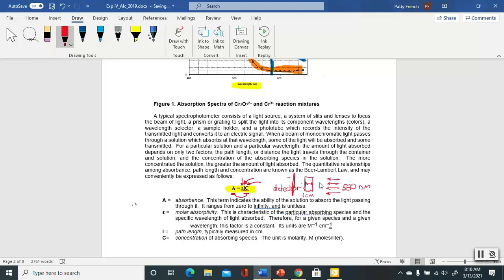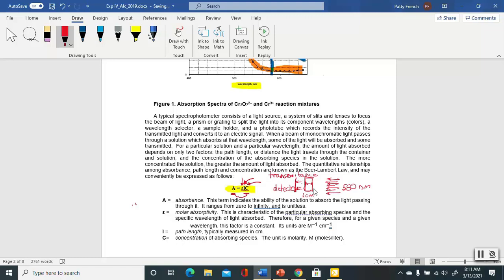Now, some of this will actually be absorbed by the solution. So maybe one gets through, or maybe two out of a whole bunch of wavelengths that are being shot at the solution. That measures the transmittance.